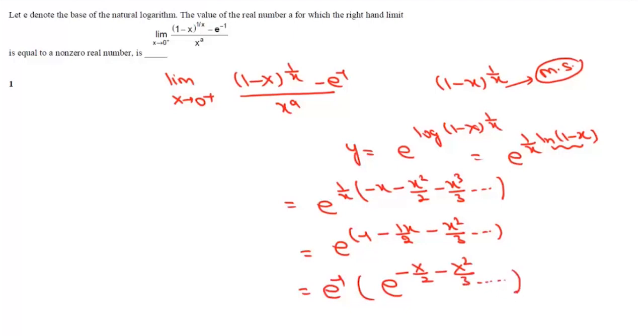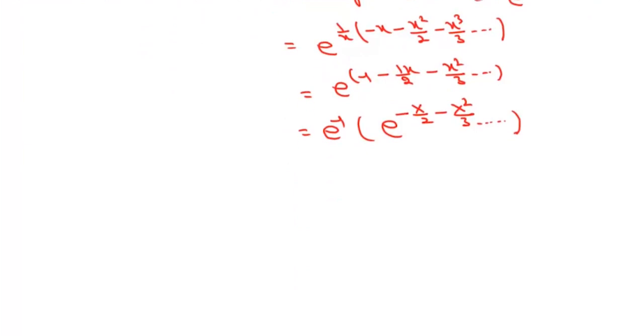Now this is the expansion of e to the power minus x, and we know that the expansion of e to the power minus x is 1 minus x, and x in this case is x by 2 plus x square by 3, and plus x square upon factorial 2. Now we are just concerned with the first few powers.